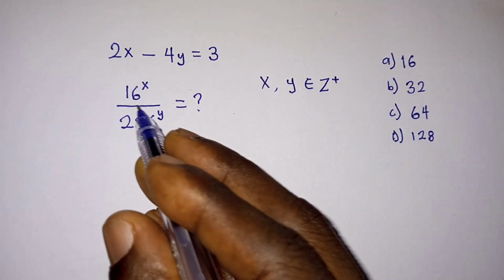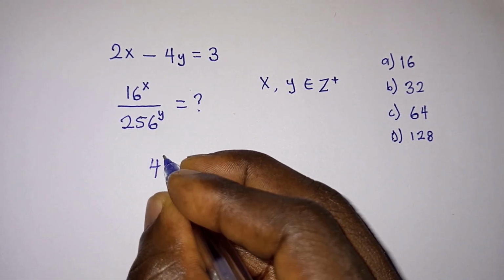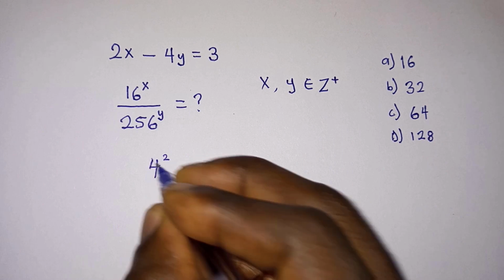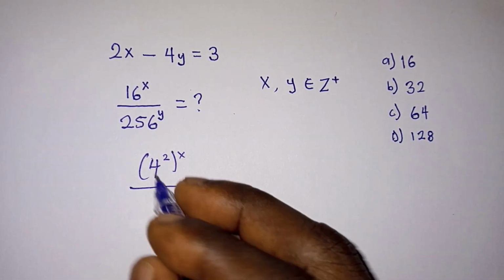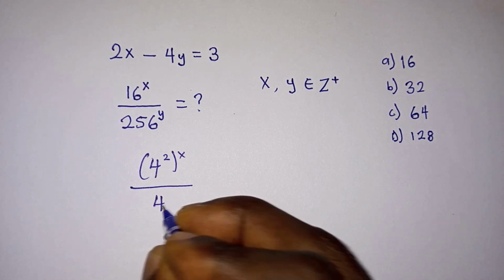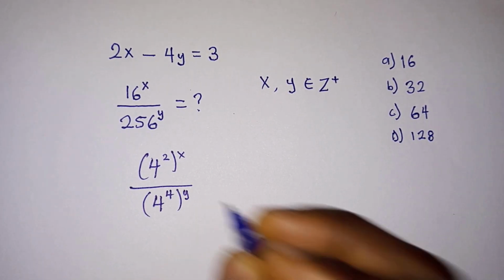So from this expression over here, 16 could be written as 4 to the power 2, then all to the power x, divided by 256, which is also the same as 4 to the 4th power, then all to the power y.